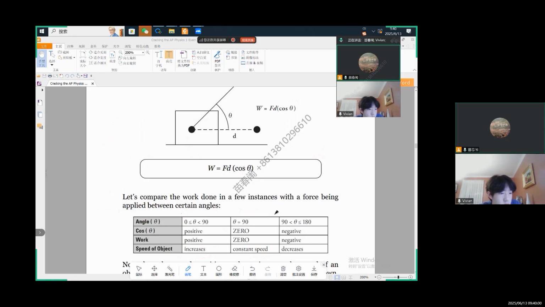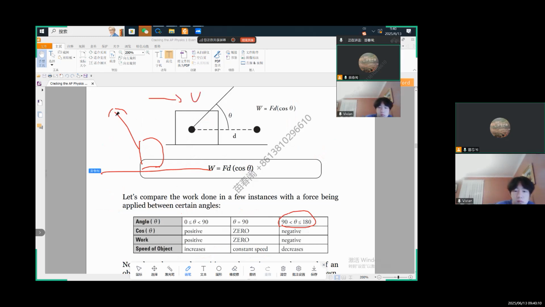And also, if it's more like this, but your block is going in that direction, let's say it's a rope and your string is in here, which means you're going to make a negative, right?